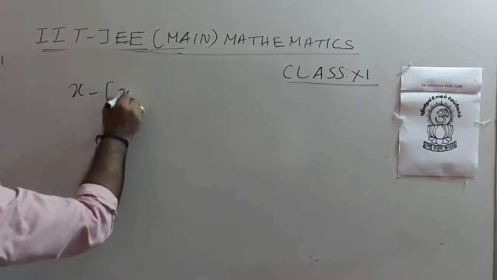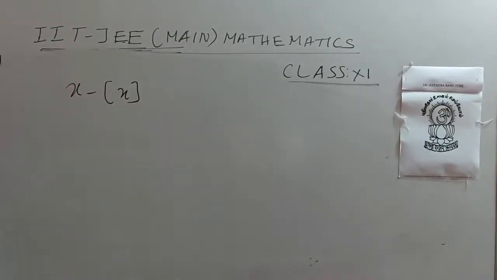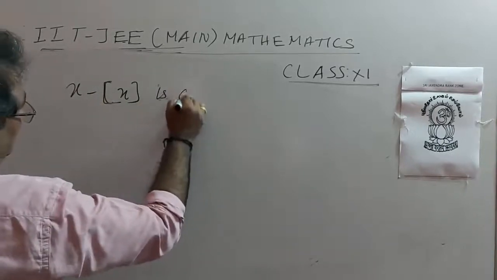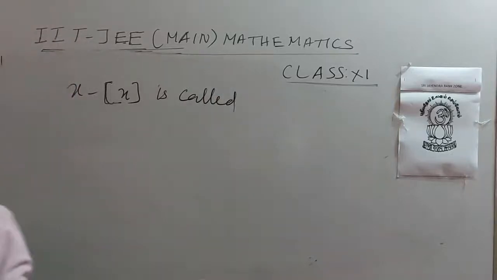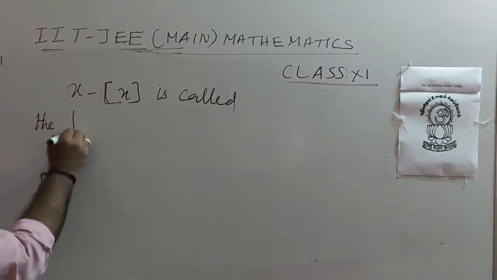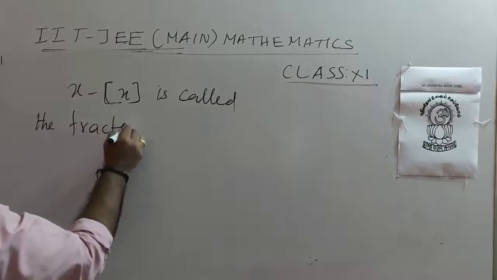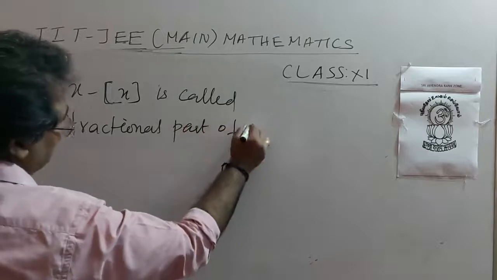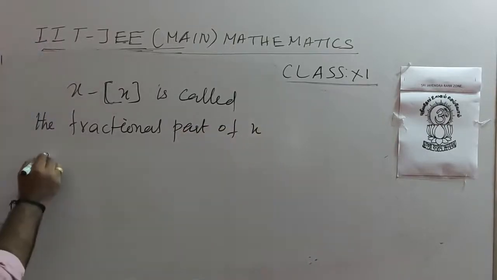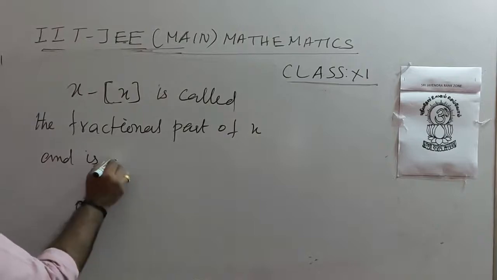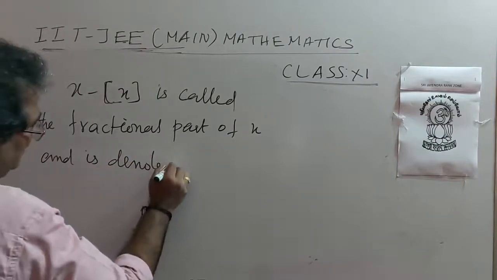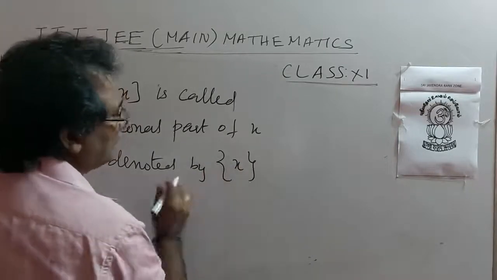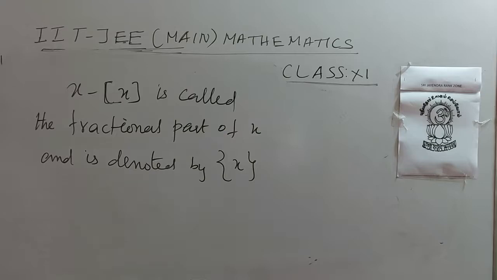x minus the integer part [x] is called the fractional part of x, and is denoted by {x}, inside set notation.